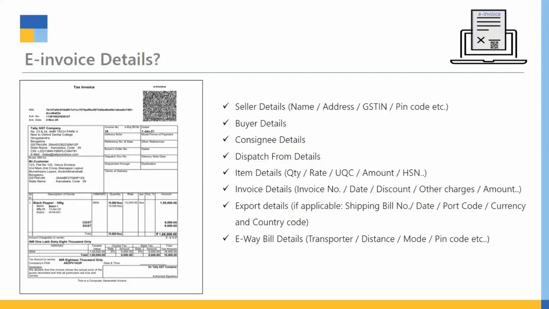HSN is nothing but harmonized system of nomenclature. Invoice details, the number, date, discount if any, other charges, total amount. Export details, some of you asked whether we should be raising an export invoice. If we are raising an export invoice, are we supposed to raise? Yes, you are supposed to raise. And finally, the e-way bill details. These are all compulsory fields.